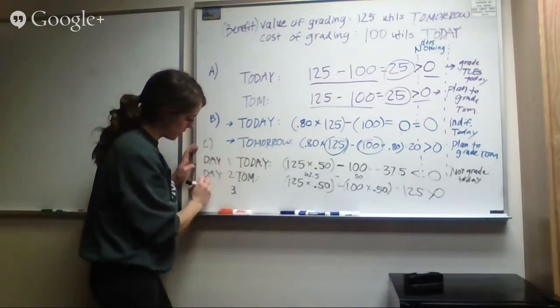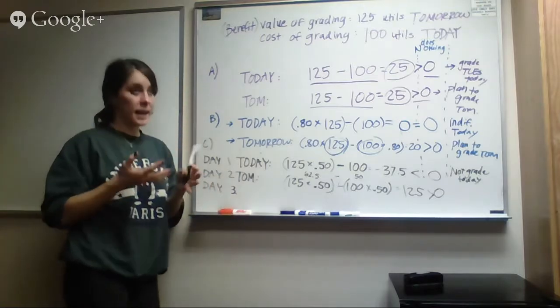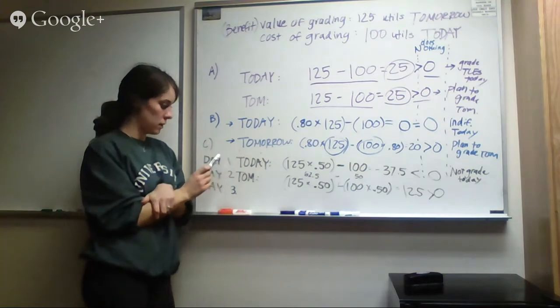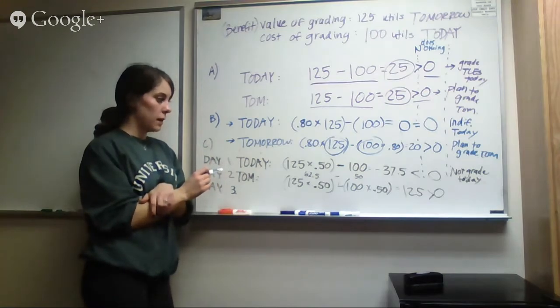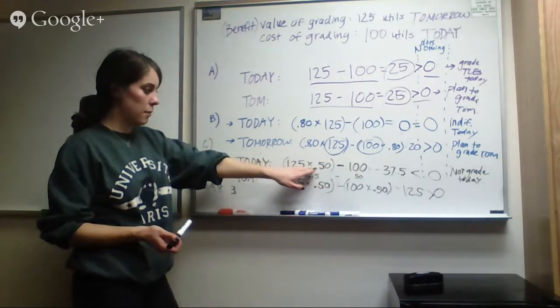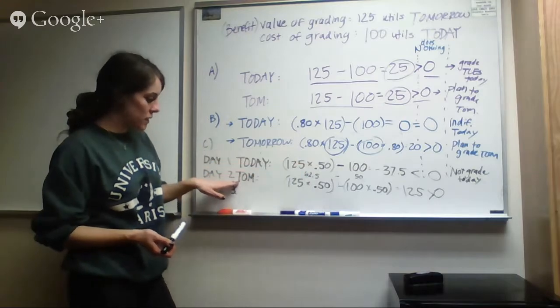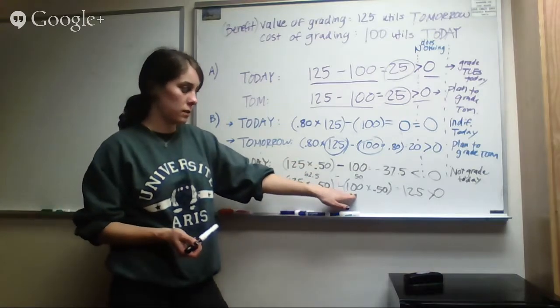So day 1, day 2, and day 3. If Dr. Turley's thinking about this on day 1, then there's one present cost that he can see, and the benefit he'd receive is in the future, so that's why I discounted it. And when he looks forward to tomorrow, everything is in the future.